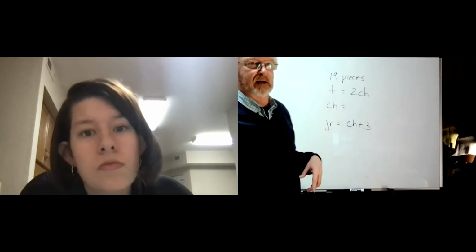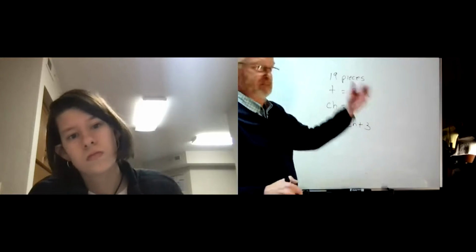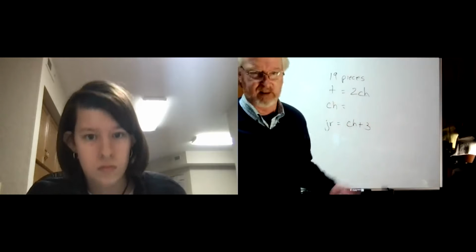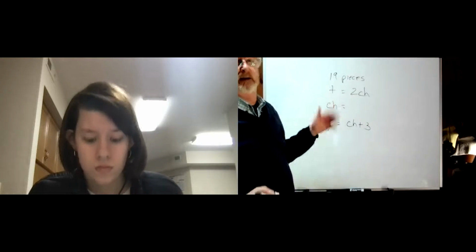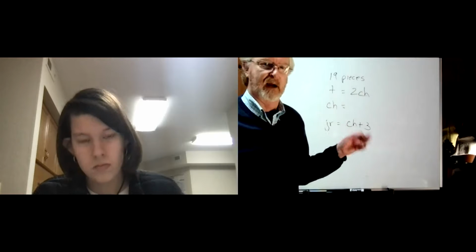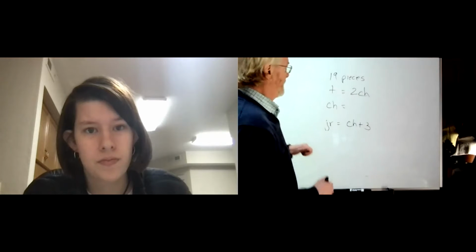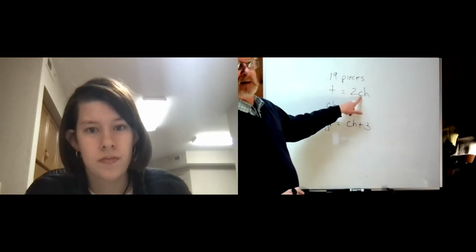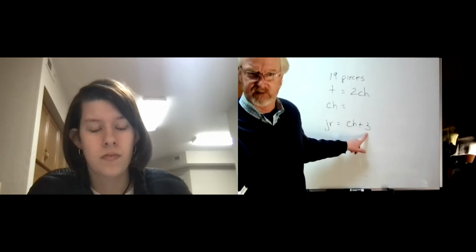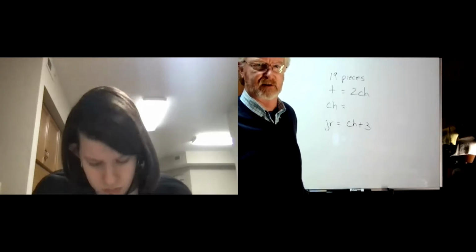If we wrote 19 equals toffee plus chocolate plus Jolly Ranchers, we'd have nothing to figure out which one's more. Since it's comparing them, I can write one equation in terms of the chocolate. So the toffee is twice the chocolate, and the Jolly Ranchers is the chocolate plus 3. Did I get that right?